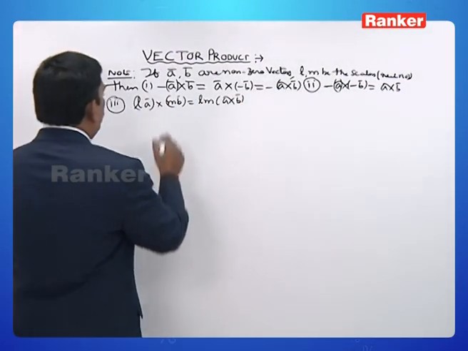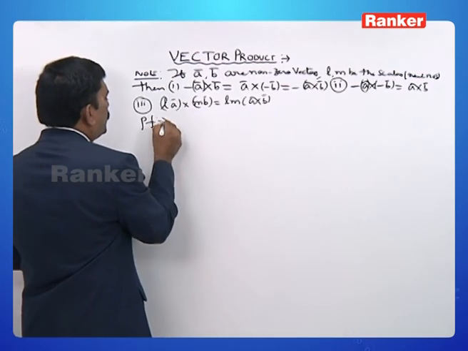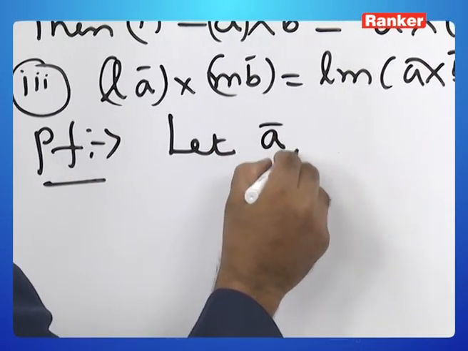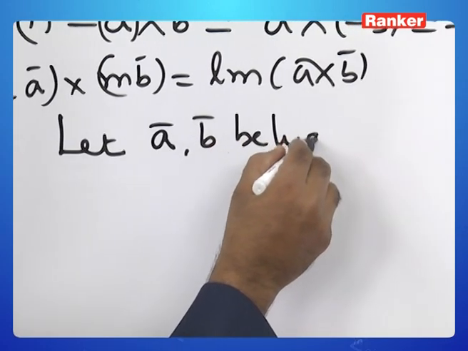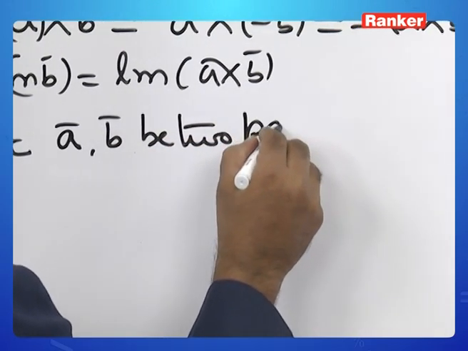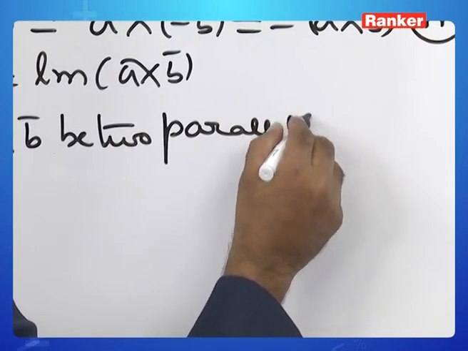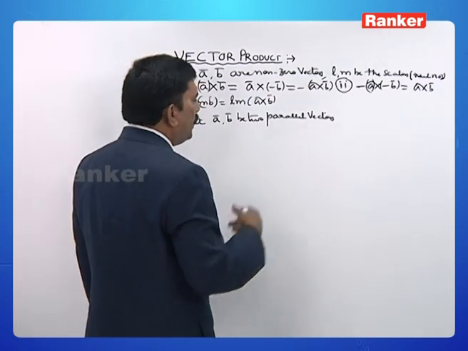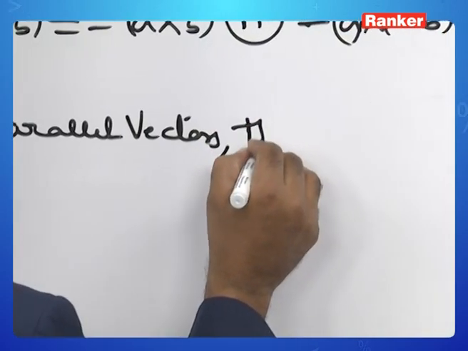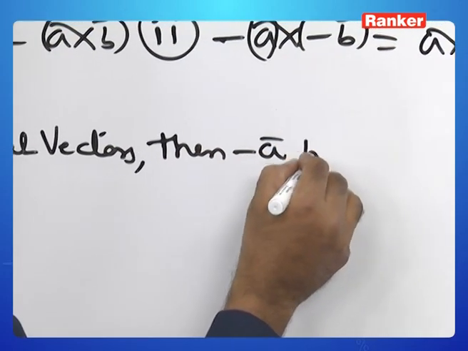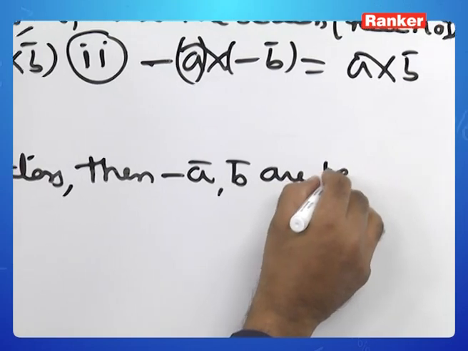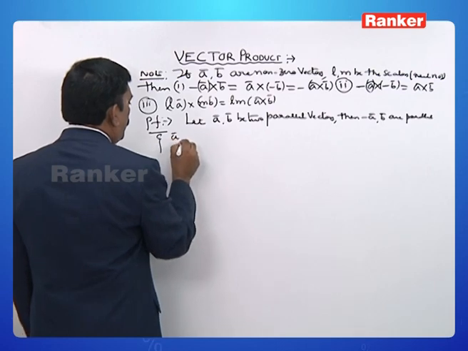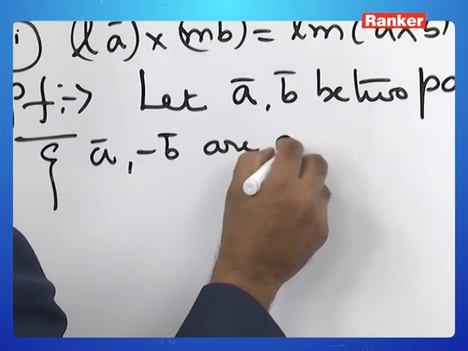Let us start the proof of this one. Look here. Case 1: let A bar, B bar be two parallel vectors. When they are parallel vectors, it is quite obvious that minus A bar, B bar are parallel, and A bar, minus B bar are also parallel.